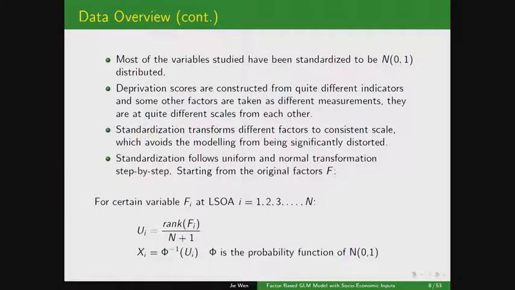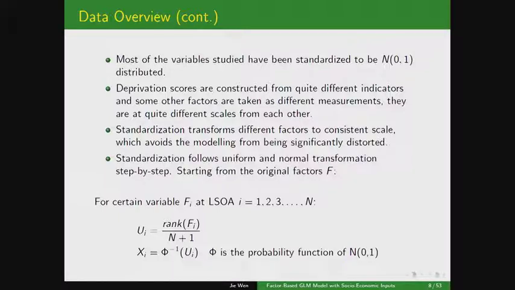First of all, for all of the original factors F, and for each RSOE i, we rank the scores first, and then we divide by the total number of RSOEs plus 1, which makes the factor a uniformly distributed variable.